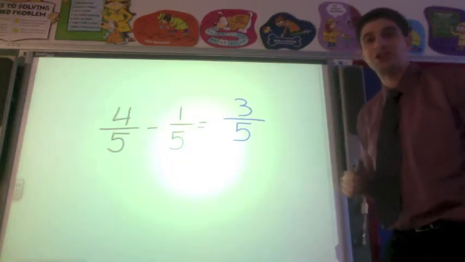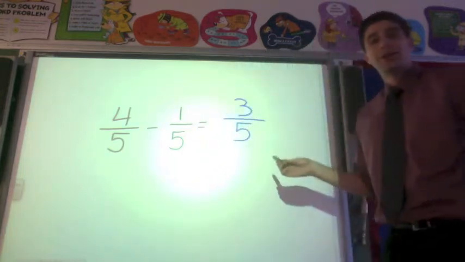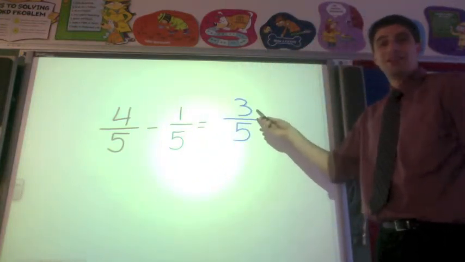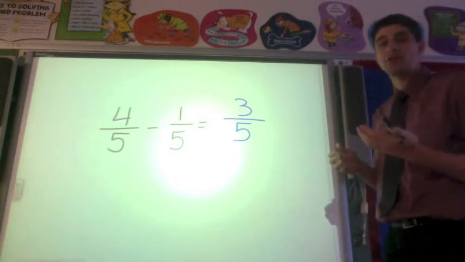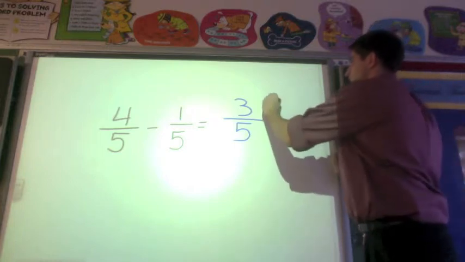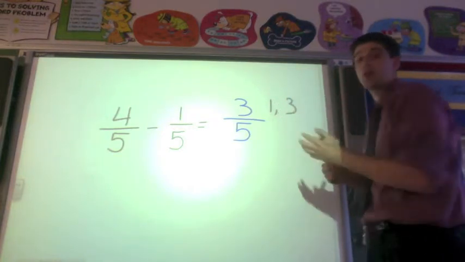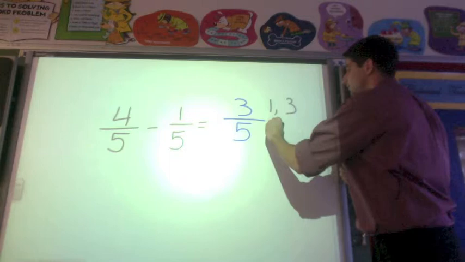I apologize, I want to slide ahead. What I'm going to do is list the factors of 3 and list the factors of 5. The factors of 3, what numbers when multiplied together will give us 3? 1 and 3. How about 5? You give it a shot. And if you said 1 and 5, you're right on.